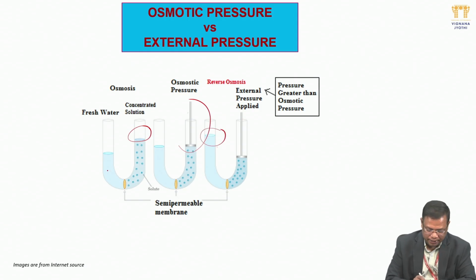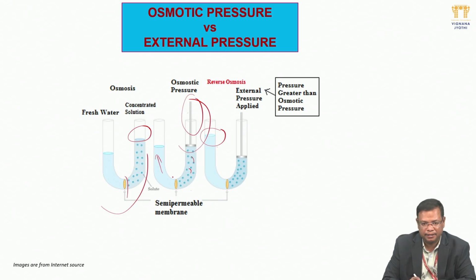That implies that initially osmosis is happening through the semi-permeable membrane, and then you apply the external pressure here, and the water is moving from this side to this side, and the solute particles are left behind here, and the level of the water on this side is increased. This is the reverse osmosis.